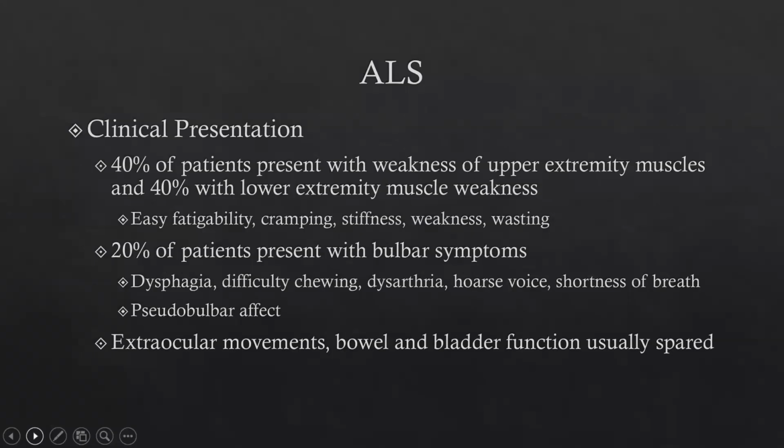They might have dysphagia, difficulty swallowing, dysarthria, a hoarse voice, and shortness of breath. They might also have pseudobulbar affect. Usually extraocular movements and bowel and bladder function are spared.